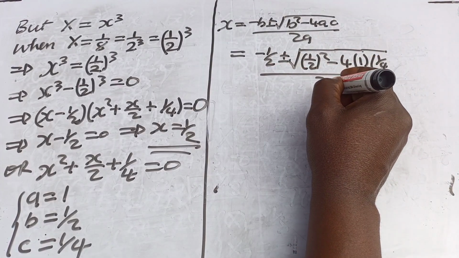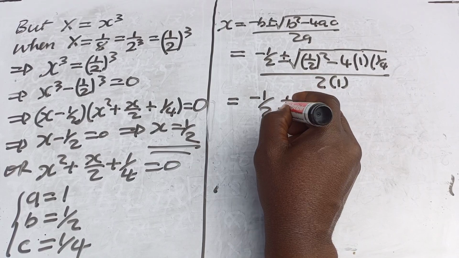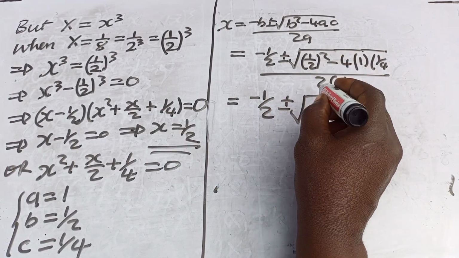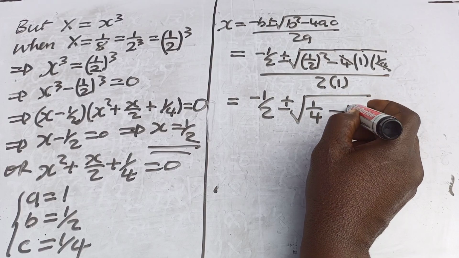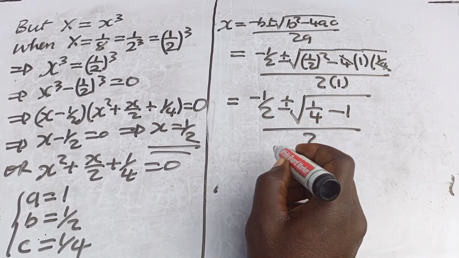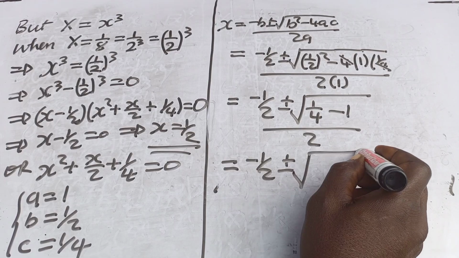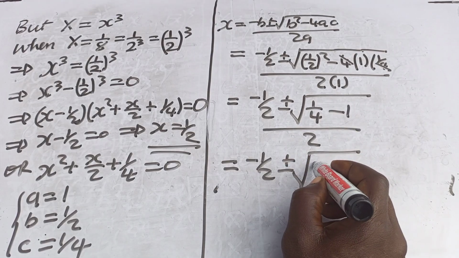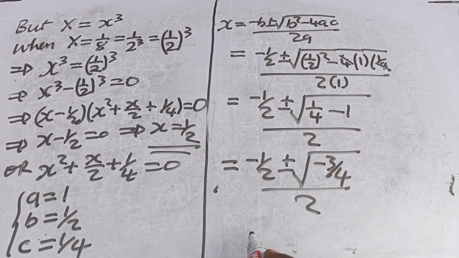All of that divided by 2 into 1. This is going to give us negative half plus minus the root of a half squared is 1/4. This 4 here cancels with that 4, so we have 1/4 minus 1 all over 2. So we have negative half plus minus the root of a quarter minus 1 is negative 3/4 all over 2.